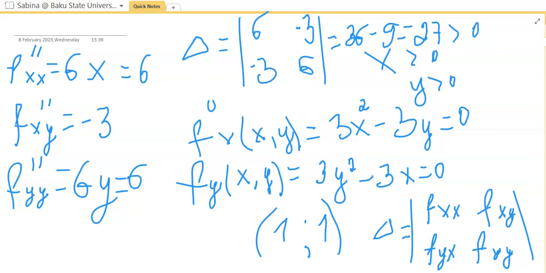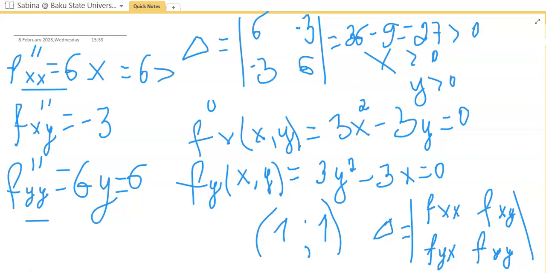So we just have found that there are extremum points because determinant is greater than 0. Then we have to find if it is a maximum point or minimum point. If the second derivatives f xx and f yy both are greater than 0, then it is minimum point.